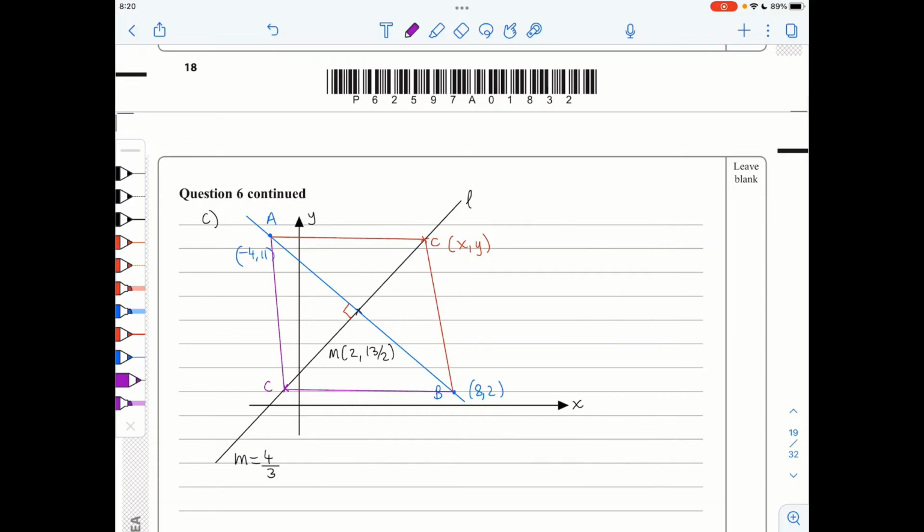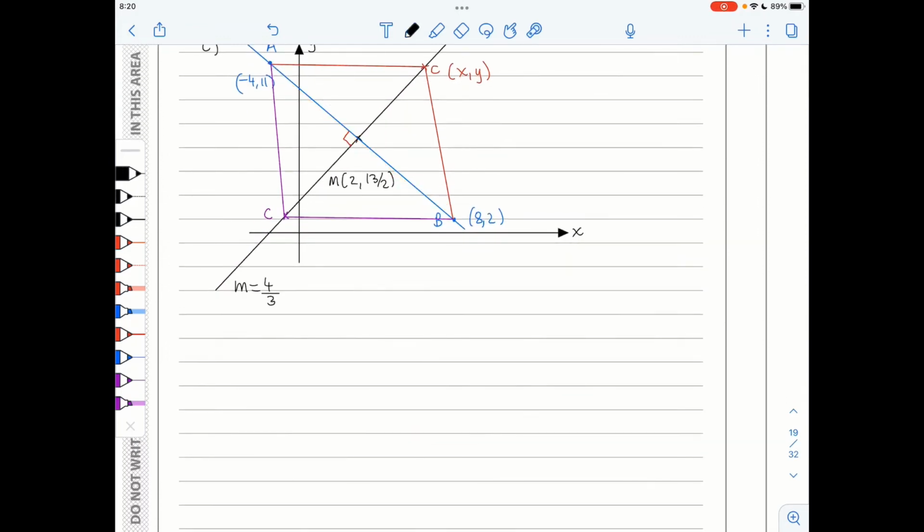I will start by finding the distance AB because obviously this is the base of the triangle. So the distance formula says that it's the square root of y2 minus y1 squared plus x2 minus x1 squared. It's Pythagoras' theorem here. So this will be the square root of 8 minus 4 all squared plus 2 minus 11 squared, which means that this turns out to be 15.